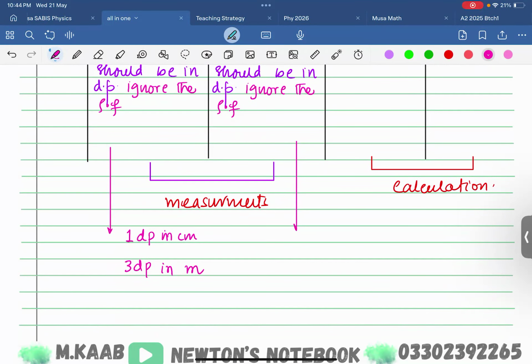But in the exam, in the marking keys, in the examiner report, and in the list of instruments they provided, in all the papers of the previous 20 years, they allow you to use a stopwatch that is as accurate as one decimal place or two decimal places. What does this mean?